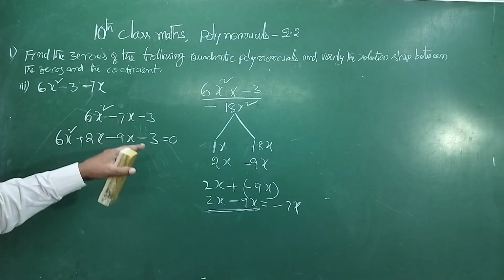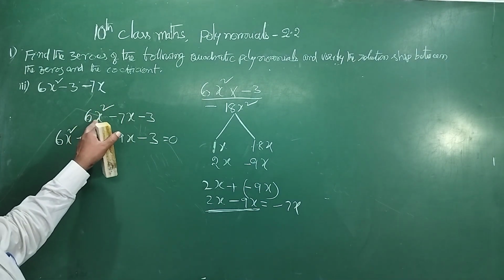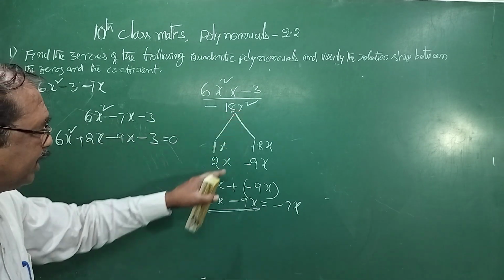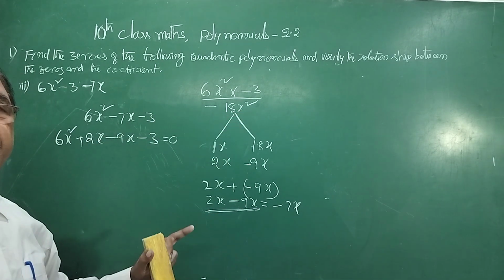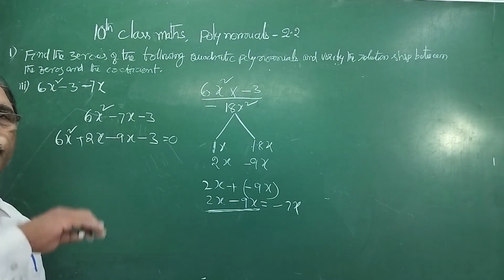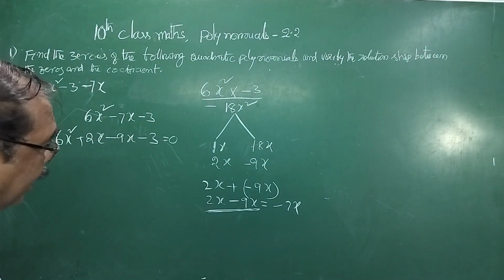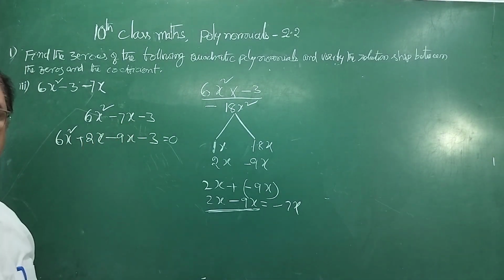So we split the middle term: we split these 18x square as two factors, and we add them in order to get the middle term 7x.